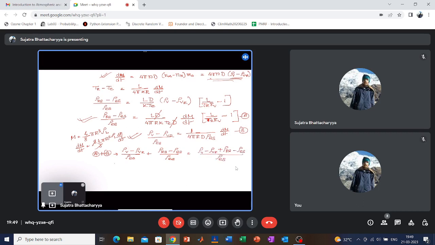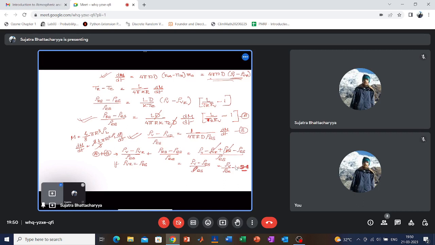Now if rho VR is equal to rho RS, then this chops out. What I get is rho V minus rho ES divided by rho ES, and that is nothing but rho V by rho ES minus 1, and that is supersaturation. S is the actual saturation, so S minus 1 is the supersaturation.